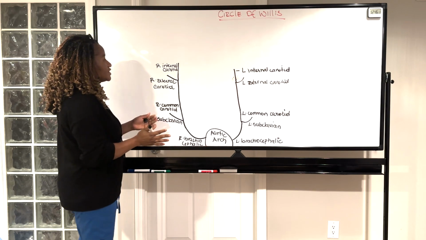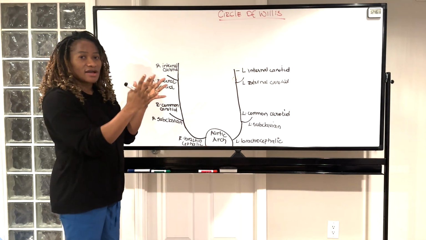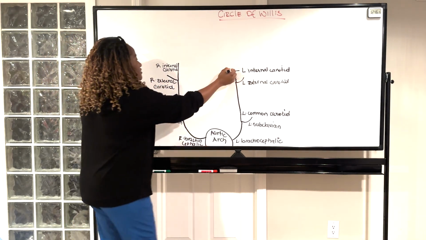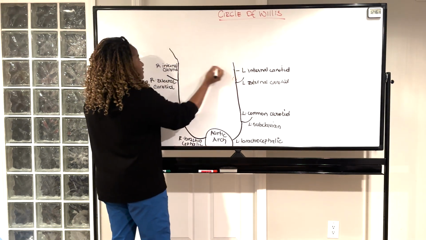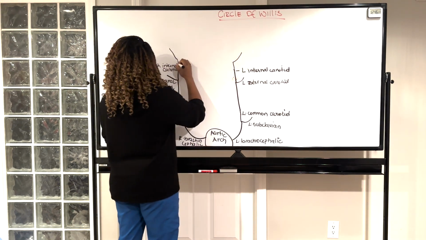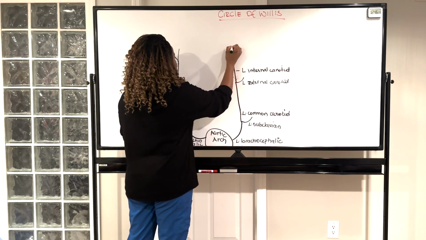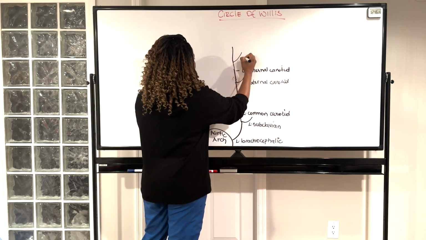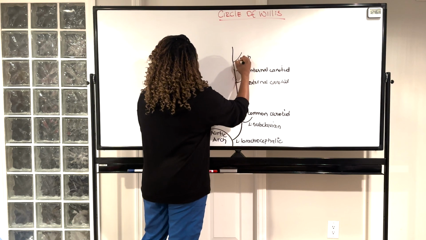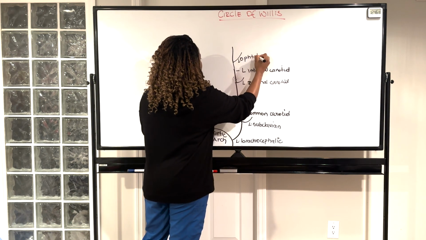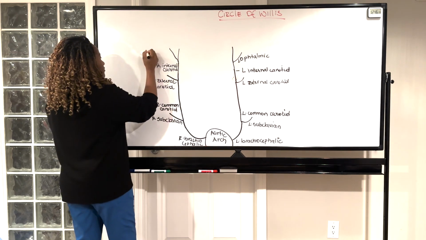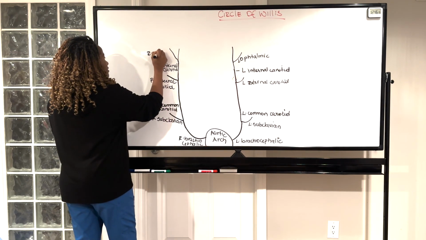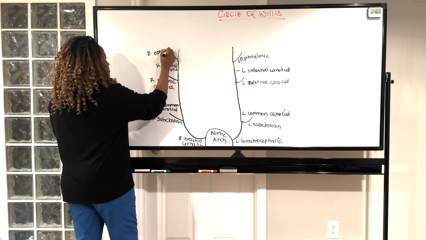So now the internal carotid arteries are going to keep ascending inside the brain and give us a branch of ophthalmic artery during their ascension. So here we're going to have the left ophthalmic, and here we're going to have the right ophthalmic.